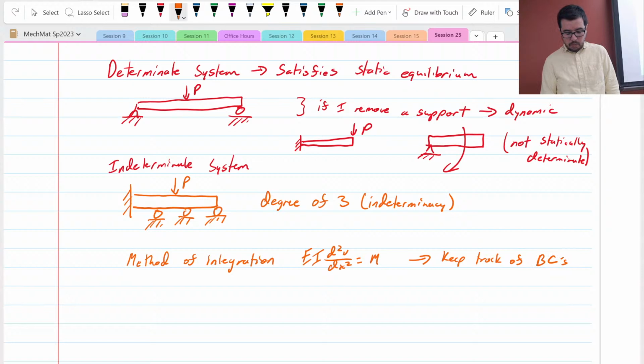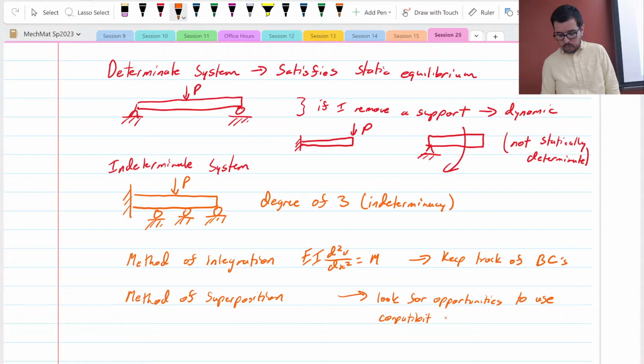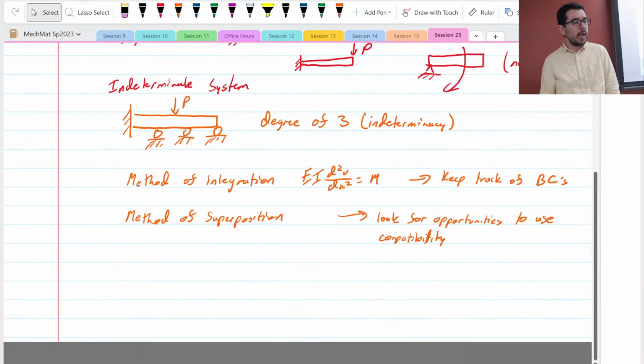If we're doing the method of superposition, then what we have to do is look for opportunities to use compatibility. Compatibility.